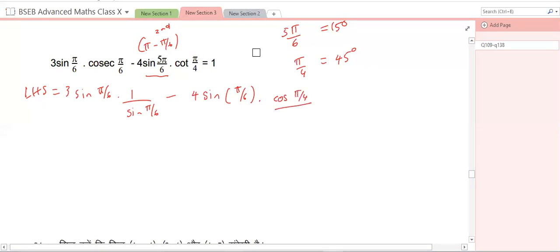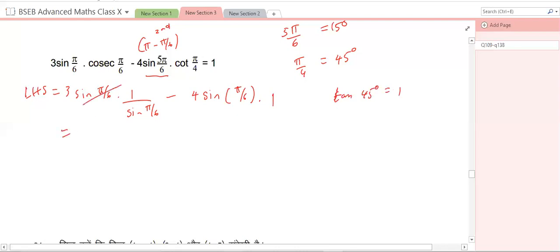For cot pi by 4, you can just write cot of 45, which is equal to 1.